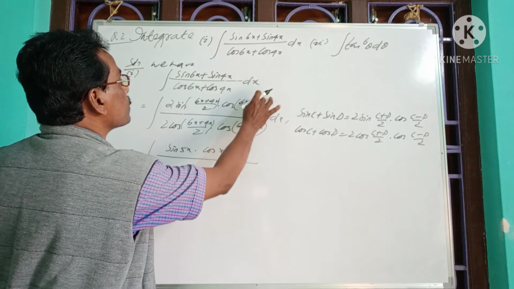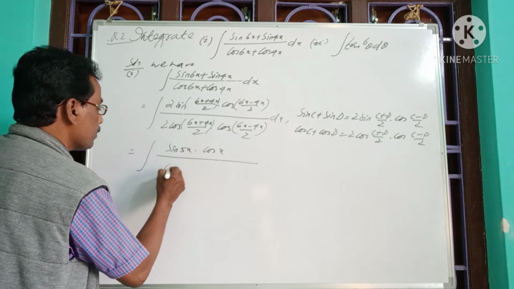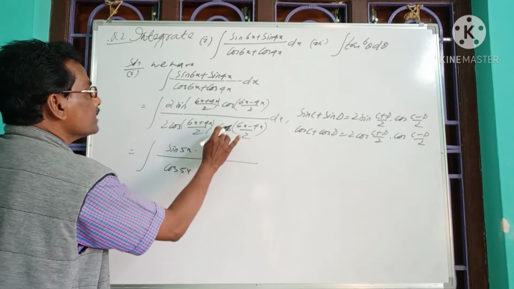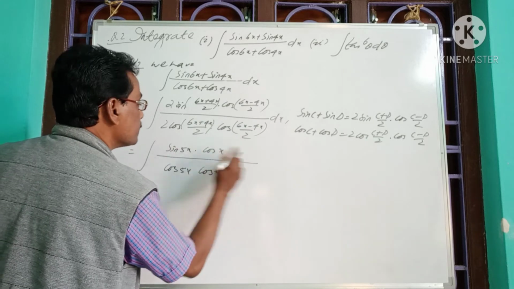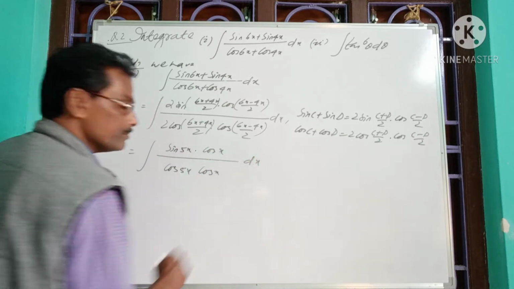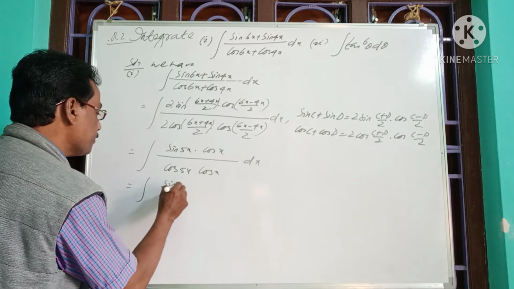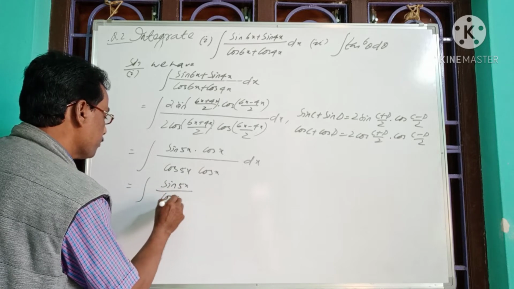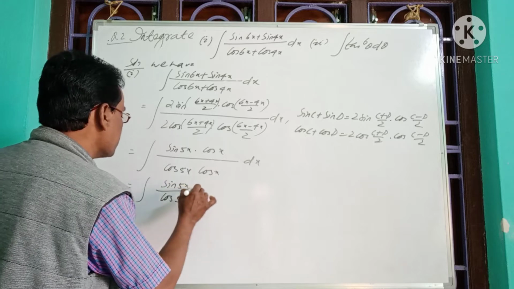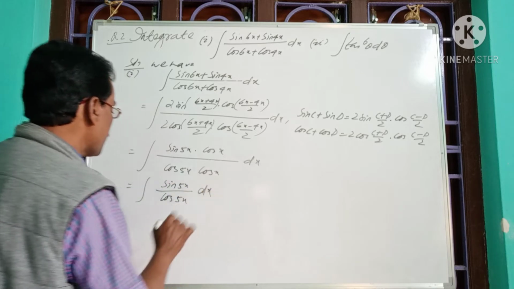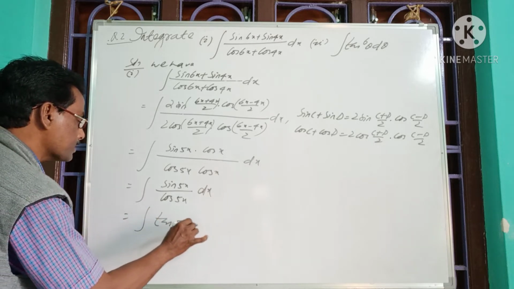In the denominator we have cos of 5x, and again cos of (6x minus 4x) by 2 gives us cos x. The cos x is cancelled, so we get the integration of sin 5x by cos 5x with respect to x. Simplifying again, it gives us the integration of tan 5x with respect to x.